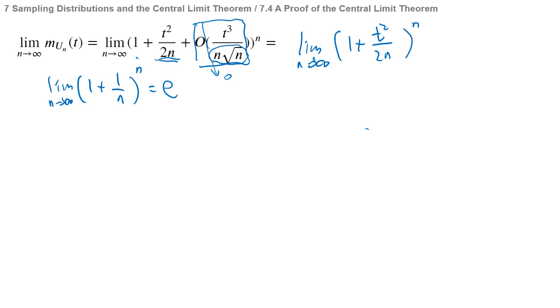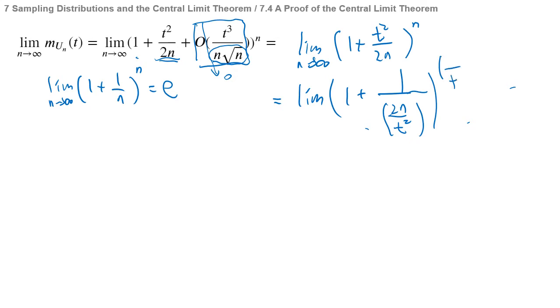And from here, for this term, we can rewrite this as 1 plus t squared over 2n, to the power 2n over t squared, times t squared over 2.